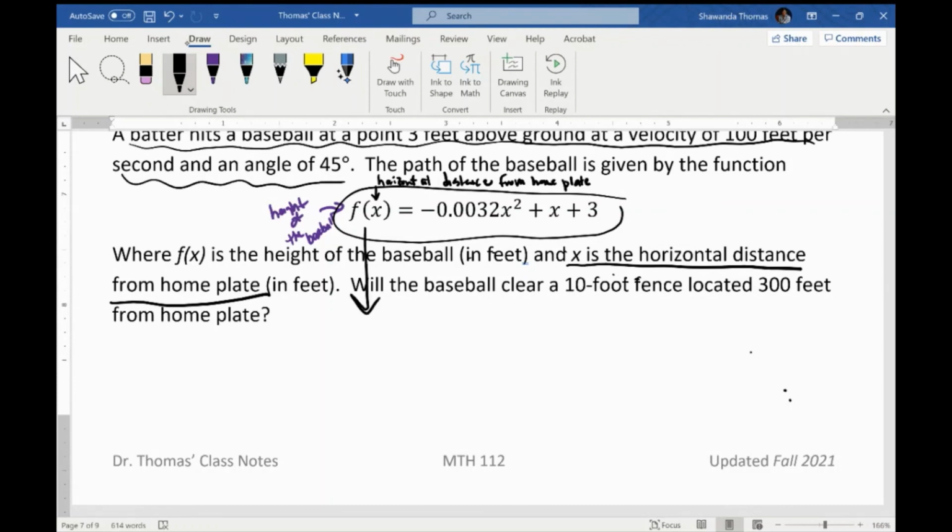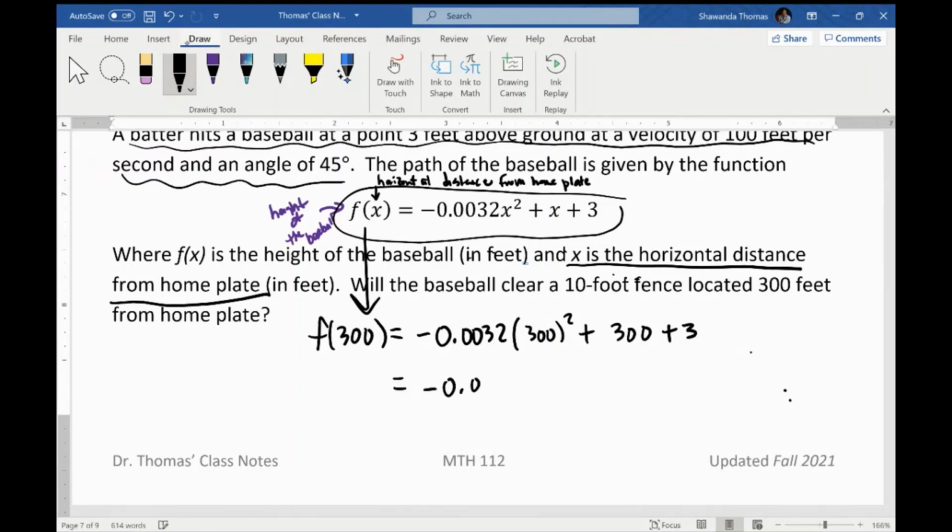Looking at the function, f of 300 equals negative 0.0032 times 300 squared plus 300 plus 3. All we're doing is plugging in 300.